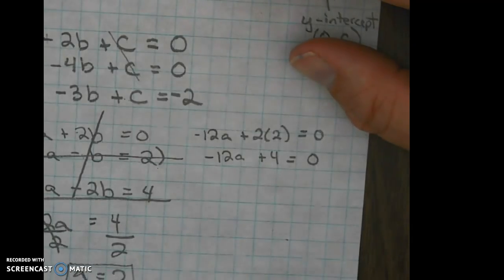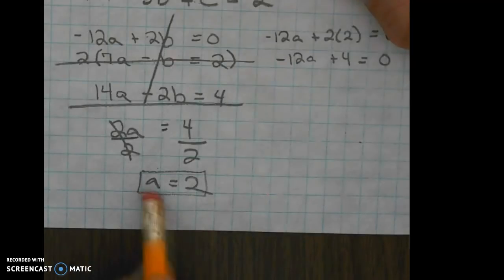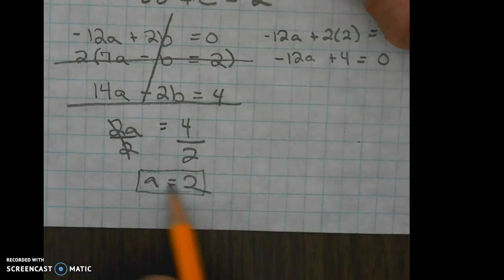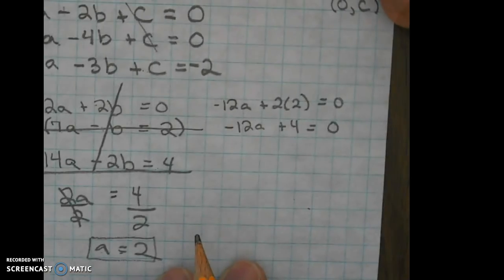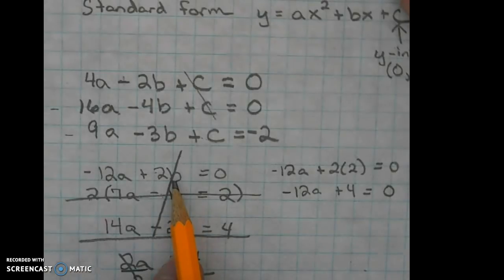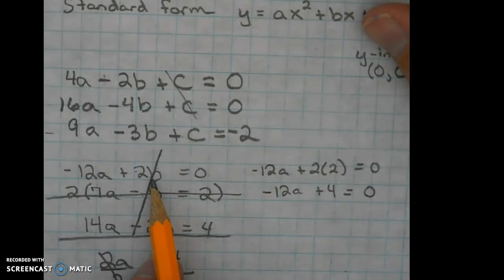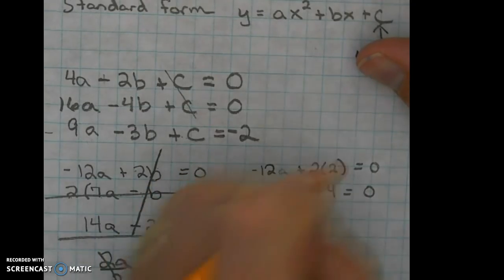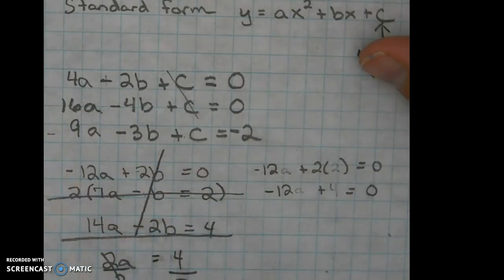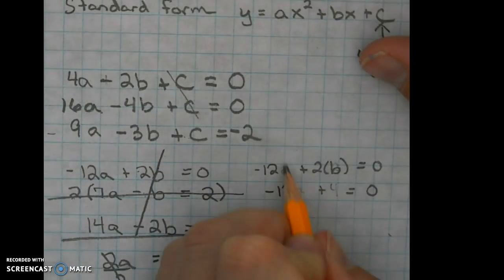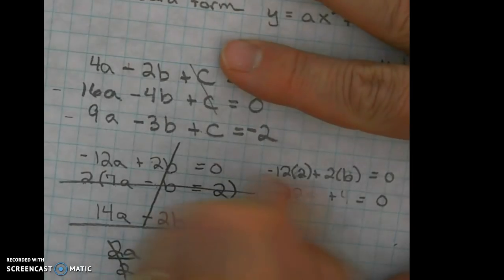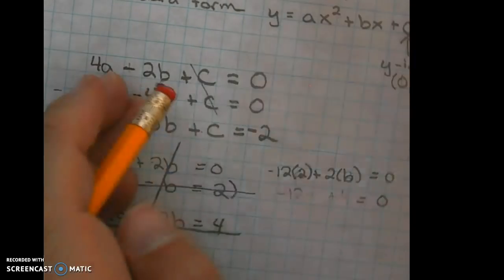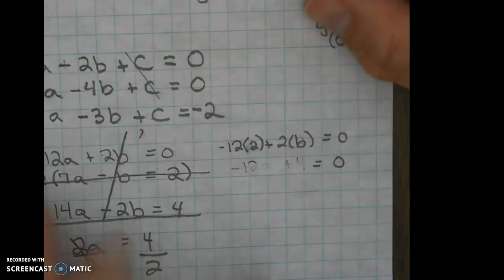Back up, Mr. Kramer, back up. Sorry about that. A equals 2, so I plug that in for b. Error alert, error alert. Got to put that in for a and solve for b. There we go. That's okay. Nobody's perfect. Good thing I caught it though.